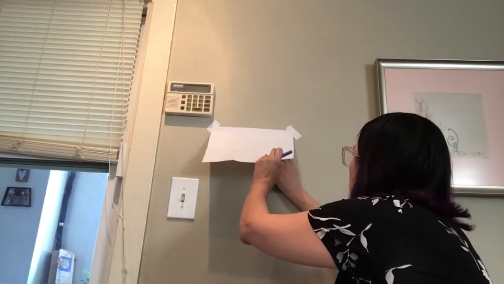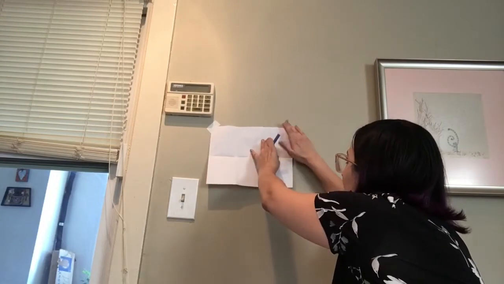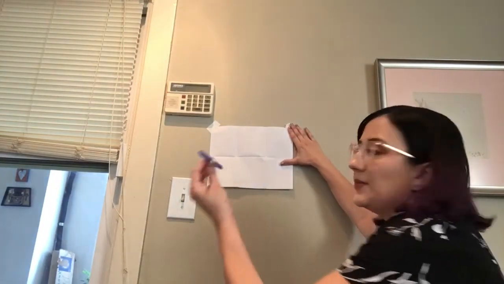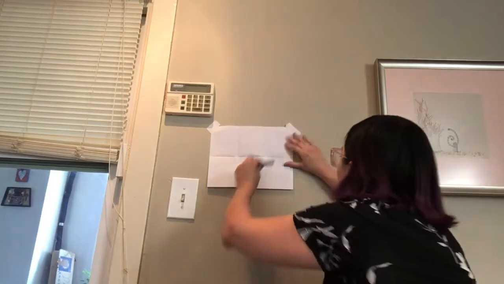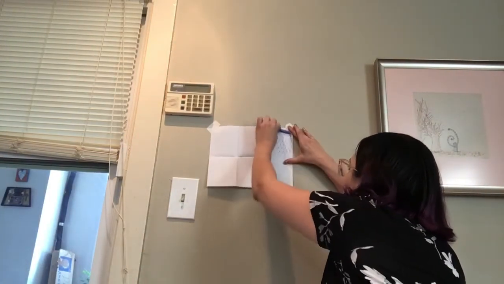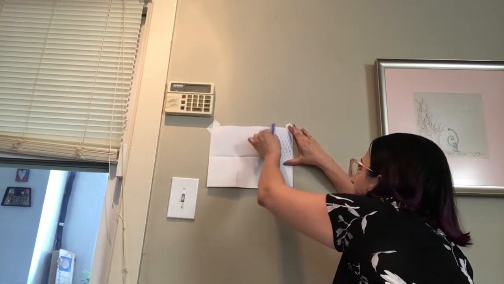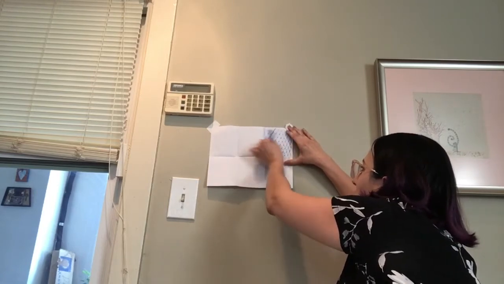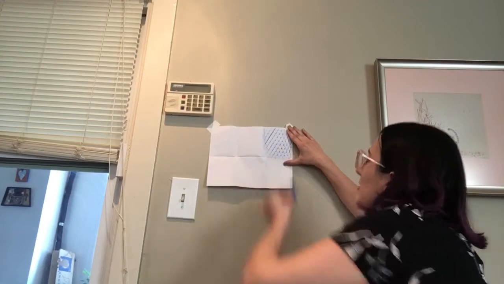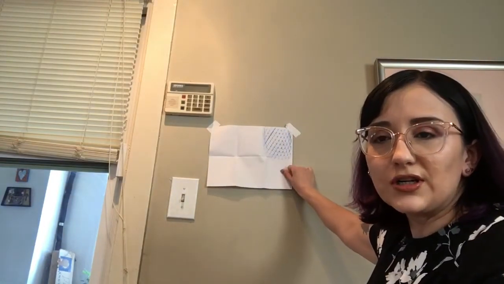I'm going to stick it behind the paper, and then I'm going to take the side of my color stick, and I'm just going to go back and forth like that. And you can see that the texture is showing up on the paper.